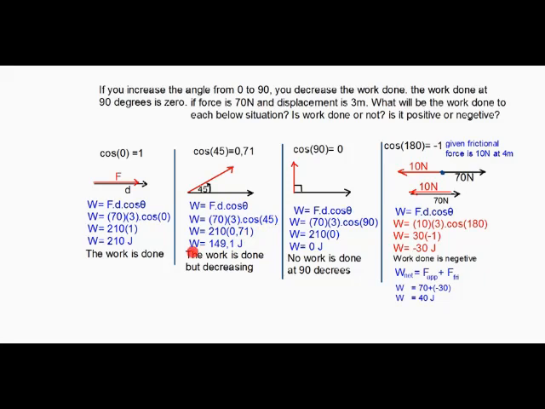Our work will be 149.1 joules. You can see that the work is decreasing as we increase the angle between the force and the displacement. When the angle was 0, the work done was 210 joules. Now the work is 149, which is less. It is decreasing.